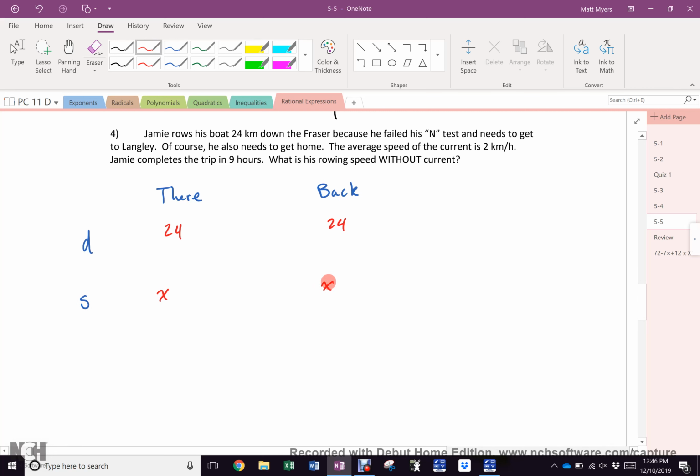So what's happening? Current. Does it help him in one direction? Does it help him in the other direction? Adds 2 to his speed. What does it do in the other direction? Takes 2 away.